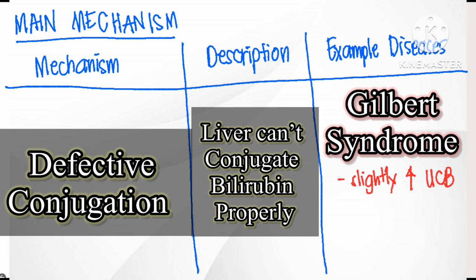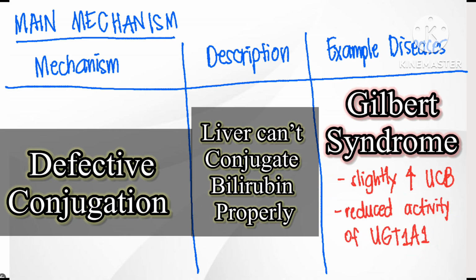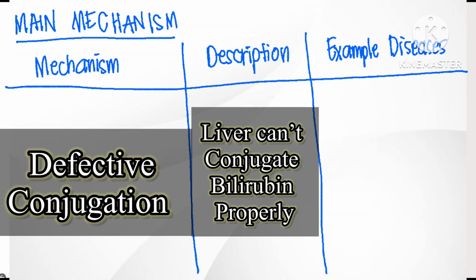This is a benign genetic disorder caused by reduced activity of the enzyme uridine 5-diphosphoglucuronosyl transferase, or the UGT1A1, which is responsible for conjugating bilirubin in the liver. Since this enzyme works less efficiently, the unconjugated bilirubin then accumulates in the blood.